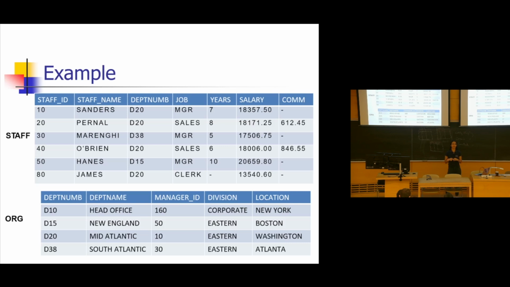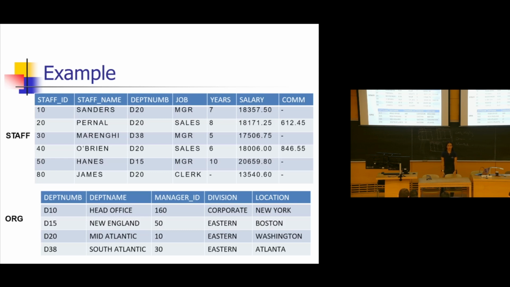Anyone else? Yeah. Could it be the manager ID and the staff ID? Manager ID and staff ID, they are the same, right? So as I mentioned before, these two columns refer to the same thing, because a staff can work as a manager. So let's say I have an employee number at York University as an instructor.